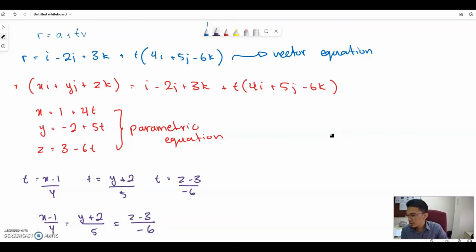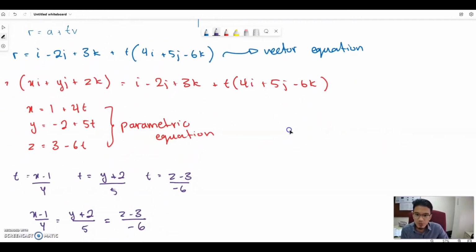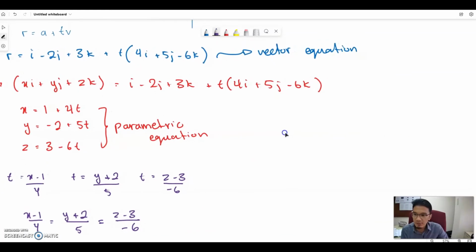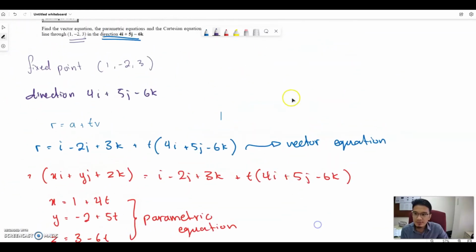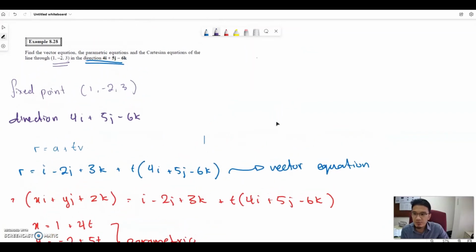For the question example 8.23, for those who didn't understand yet what the equation means, the question actually wants you to find the vector equation from a point (1, -2, 3) that has a direction vector in the direction of 4i plus 5j minus 6k.